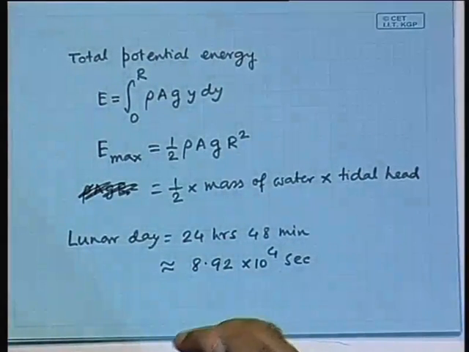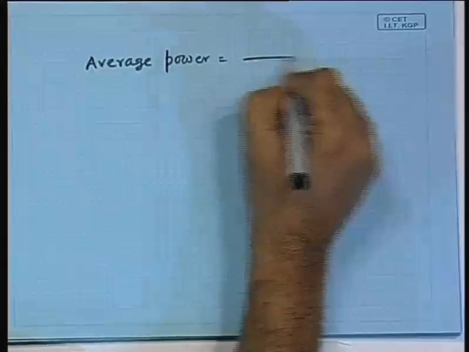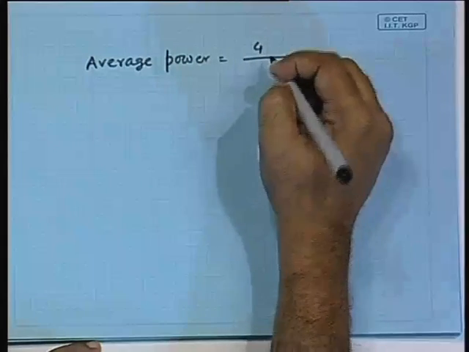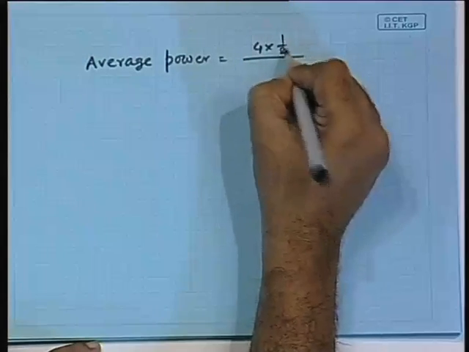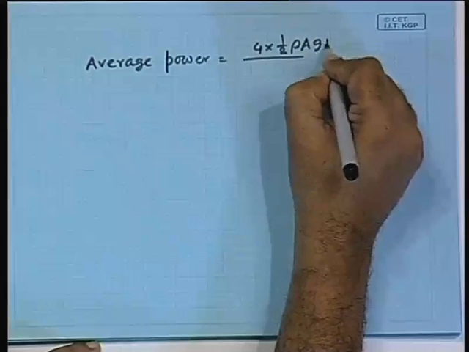So, the total amount of, not total energy we can talk about, but the average power is 4 into half rho a g r square.